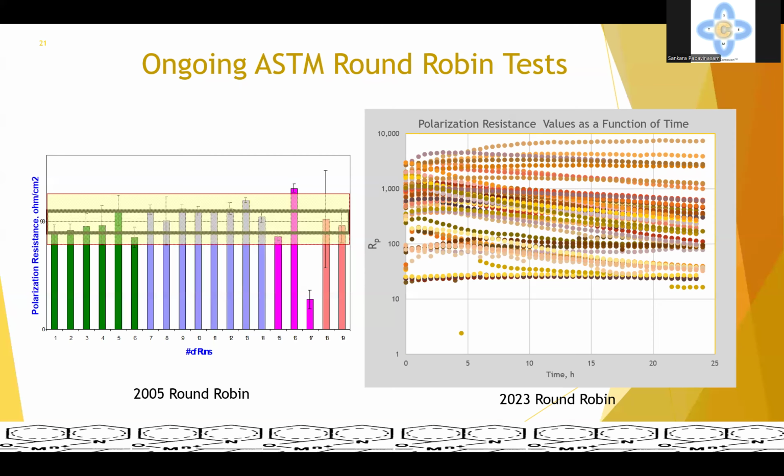As you can see here, look at the y-axis. The data ranged by 4 orders of magnitude. RP values range from almost 10 to 10,000. This is in the absence of corrosion inhibitor over a period of 24 hours.